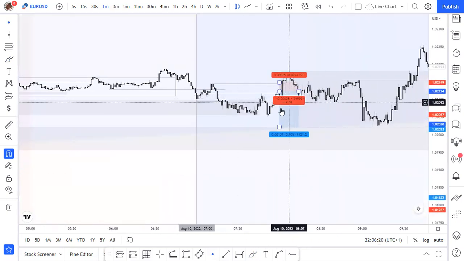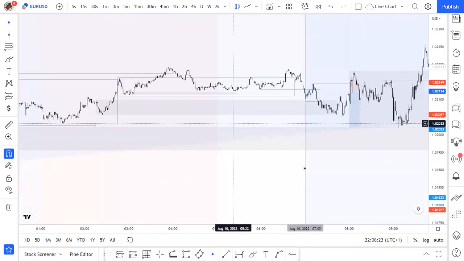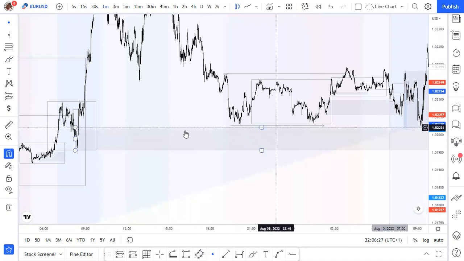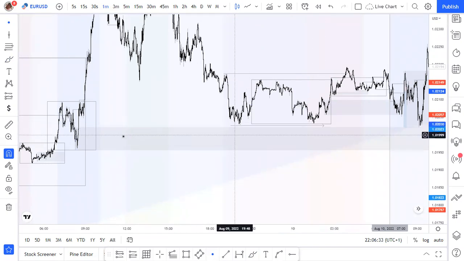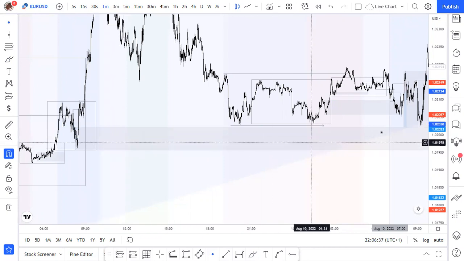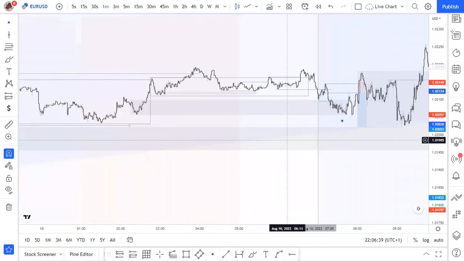So here I knew that price was most likely going to come into the zone to take out these equal lows and then maybe respect the zone. I don't know if it will respect it, but I tried to take a sell.